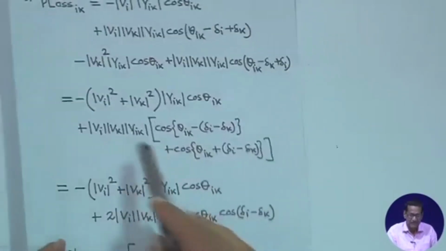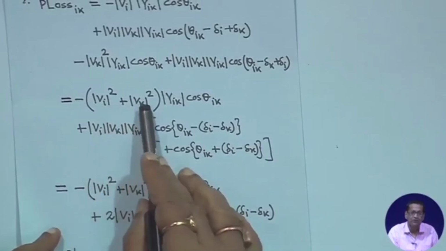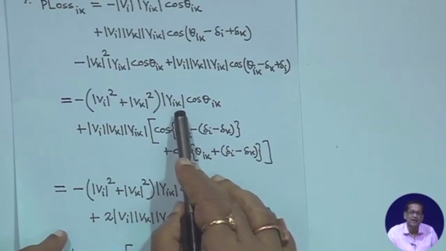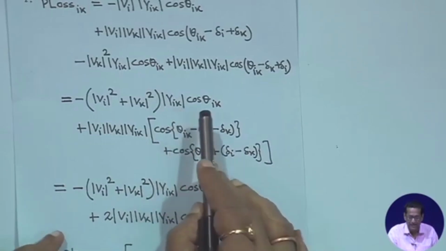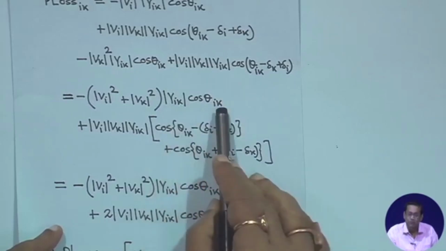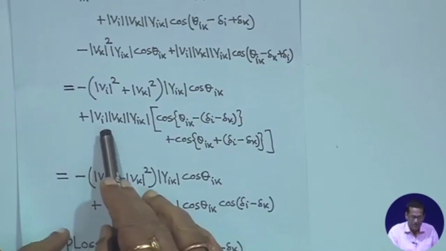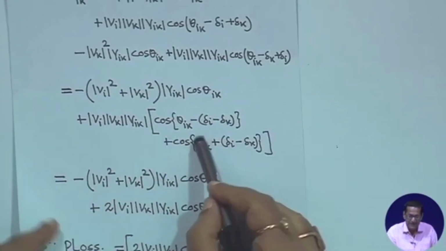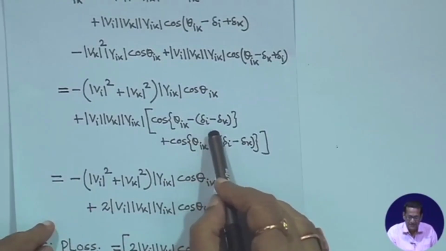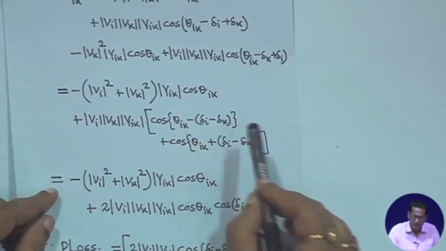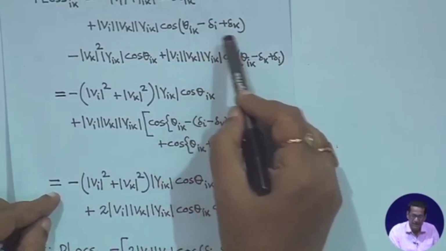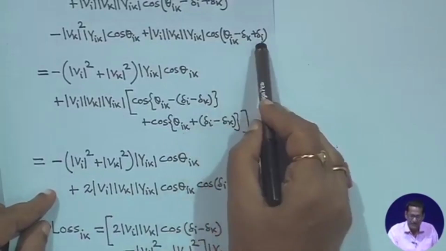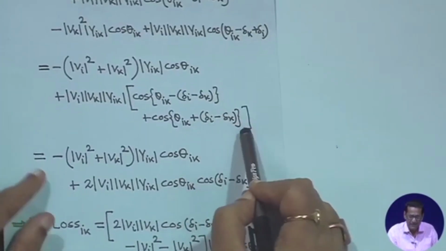This equation can be written as minus, in brackets, the voltage magnitudes V_i squared plus V_k squared, bracket close, times the magnitude of the line admittance Y_ik cos theta_ik, plus magnitude V_i V_k Y_ik in brackets, cos(theta_ik minus delta_i minus delta_k) plus cos(theta_ik plus delta_i minus delta_k). This is the way it is written.